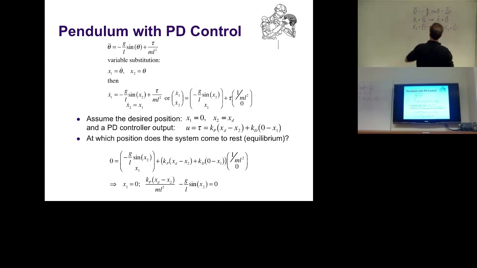Now let's do substitution. So theta double dot here is substituted by x1 dot. x1 dot equals minus g over L, nothing has changed, times sine of theta. Now we say theta is x2, plus tau over ml squared.